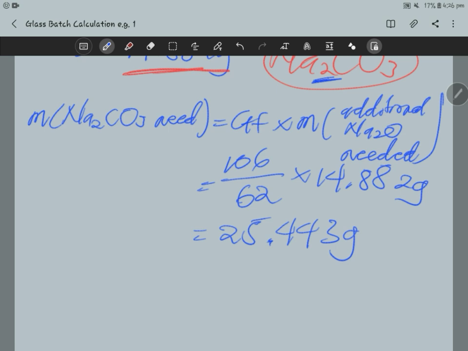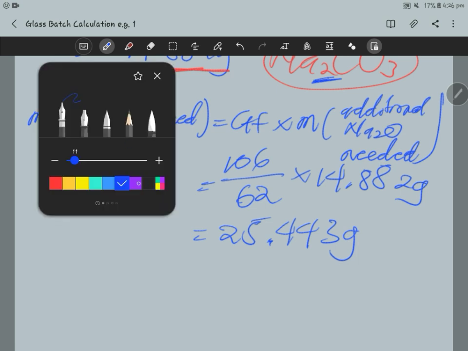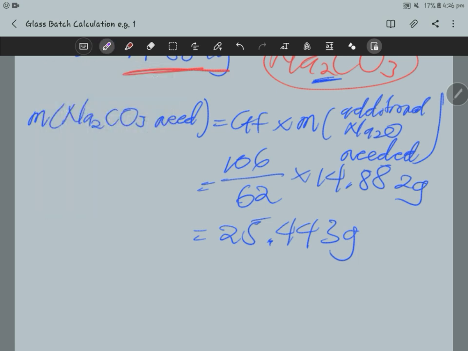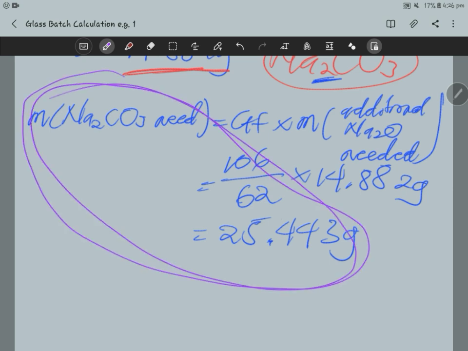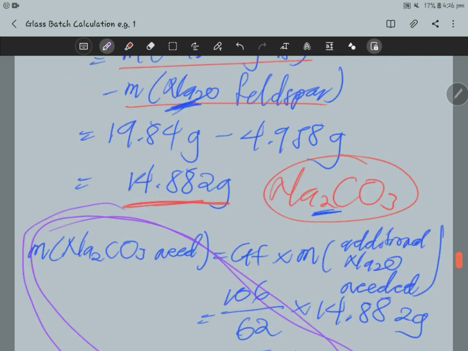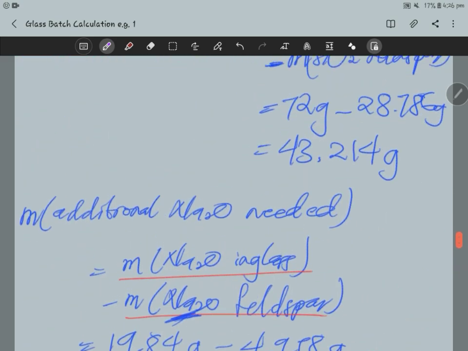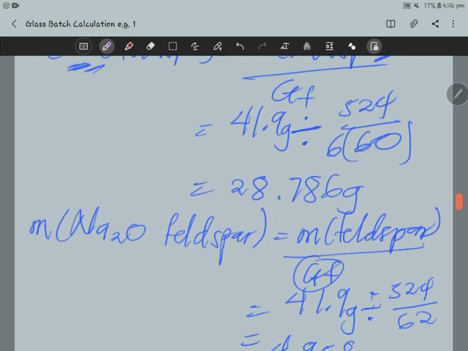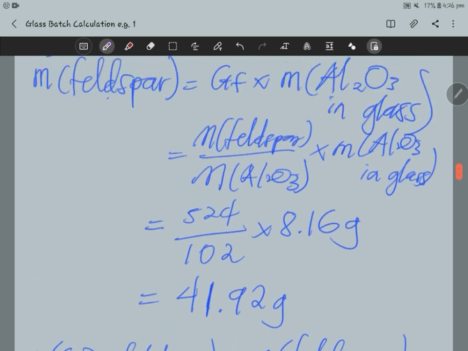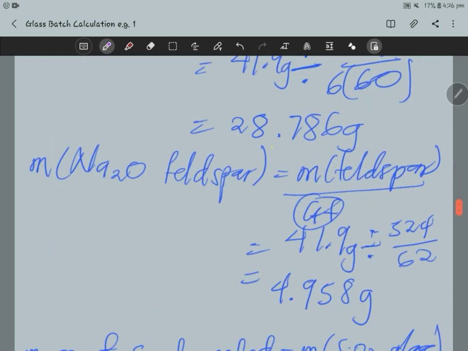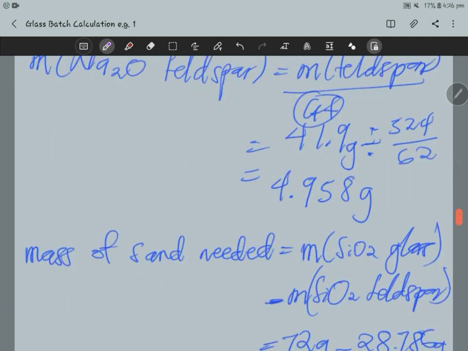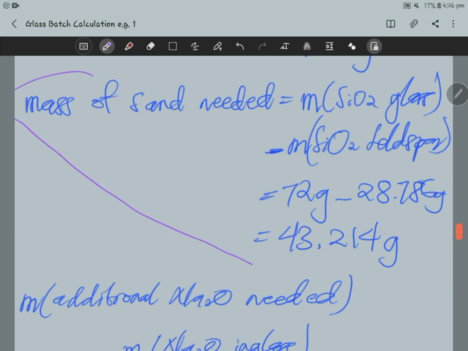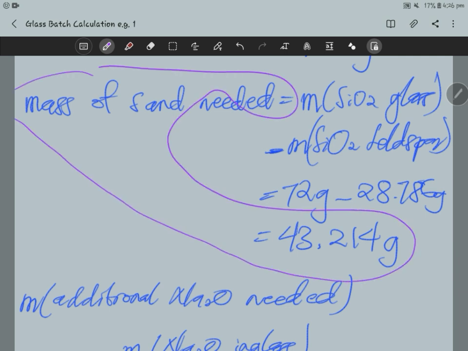So then again, when you look at this very well, you get to see the raw materials that we need. The raw material that we need is this particular one here. We need this particular amount of it, 25.443 grams. The next raw material, let's see, where is it? Should be somewhere here. Sand. Alright, so the mass of the sand that we need is this, right?